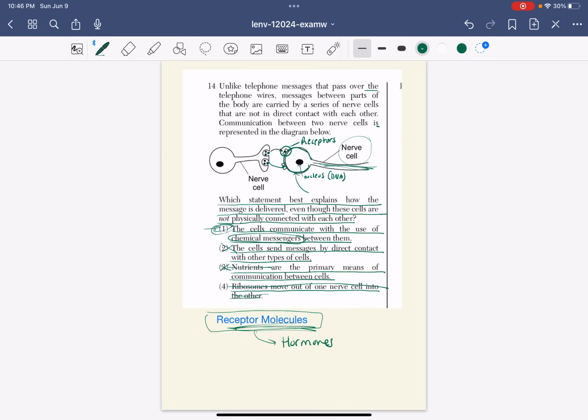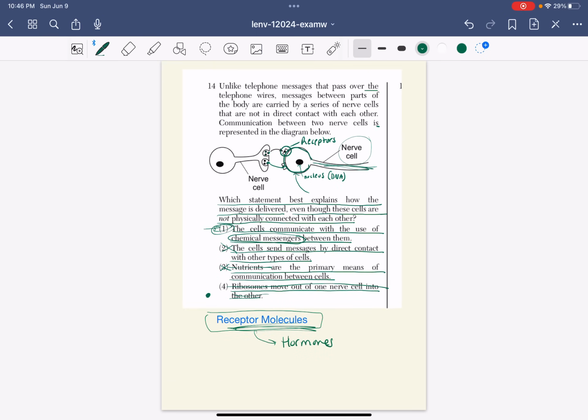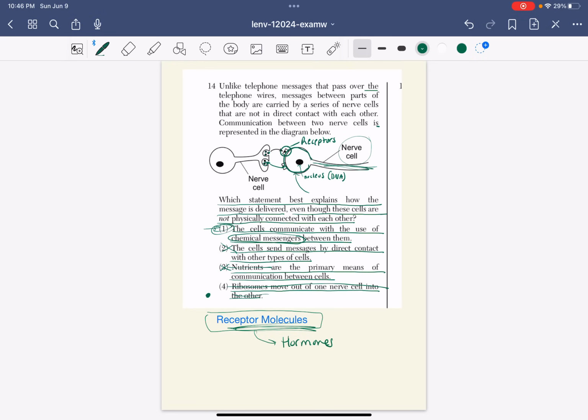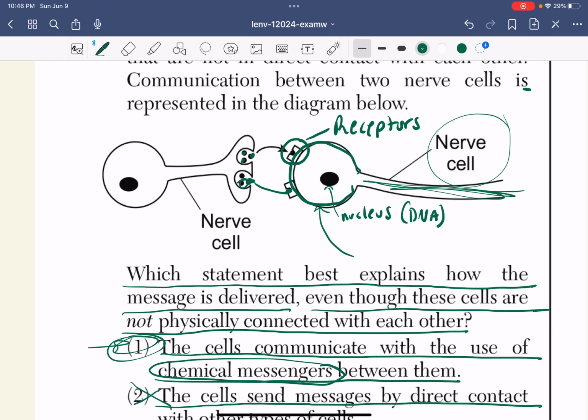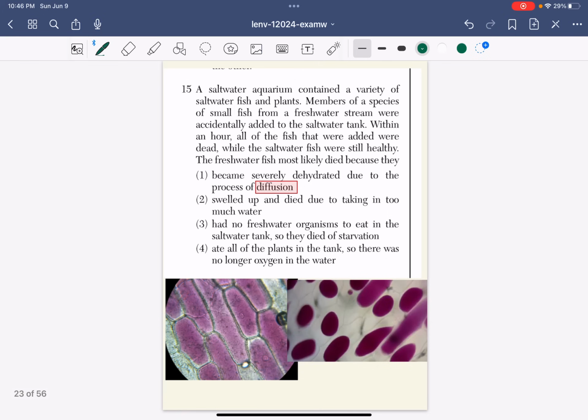Because when we look at an animal cell, ribosomes represent a dot on a cell, and I'm going to show you a picture in a minute. They look like dots, and these look like dots. So it's a trick question. It's not ribosomes that are moving in and out. It's the hormone that's moving in and out. So for 14, the best answer was choice number 1.